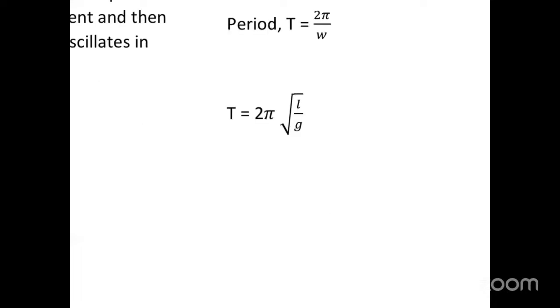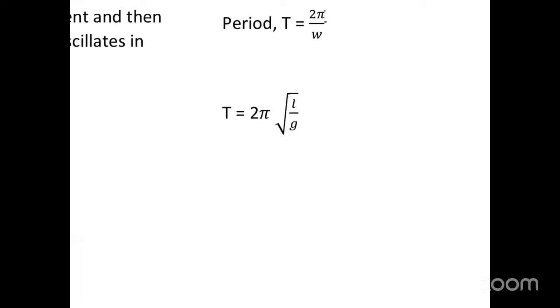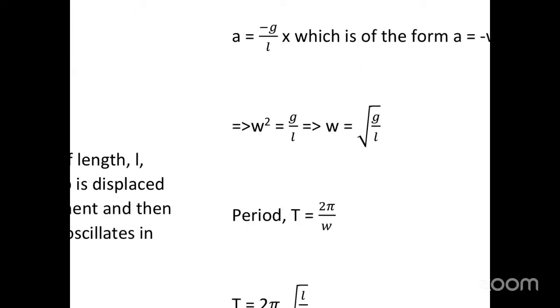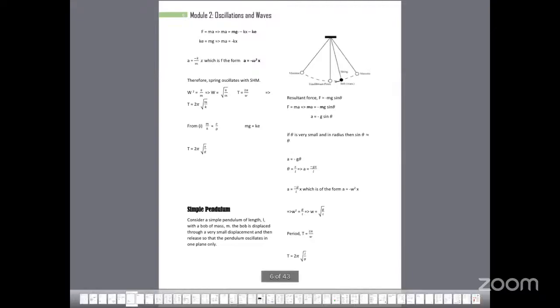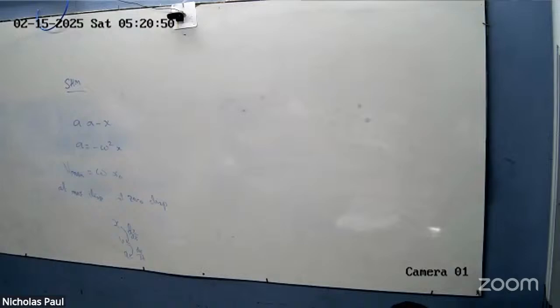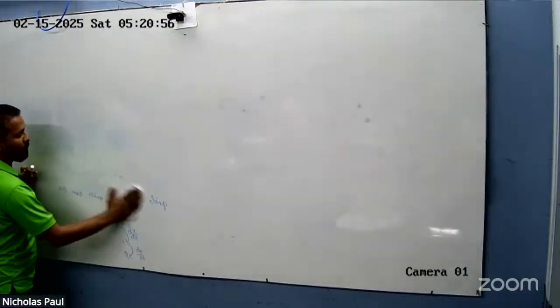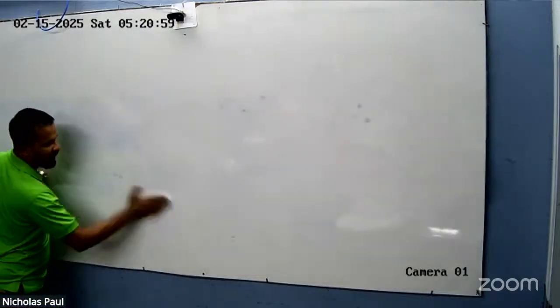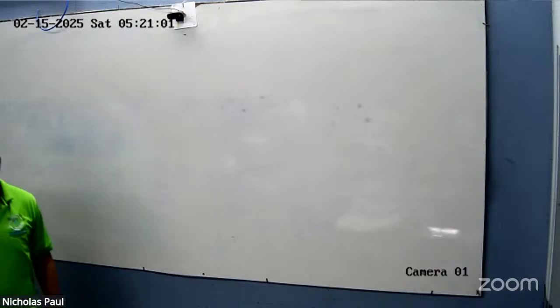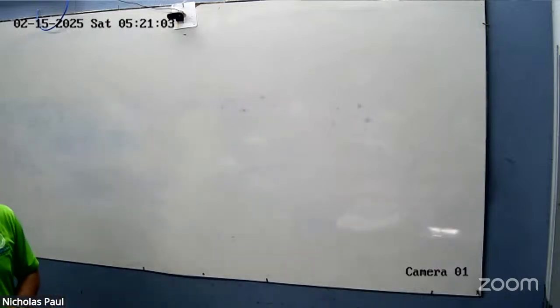Our objective is to get that last thing there: T is equal to 2 pi times the square root of L over g. So we are trying to show that a pendulum moves in simple harmonic motion and then find the period of that object. Okay.